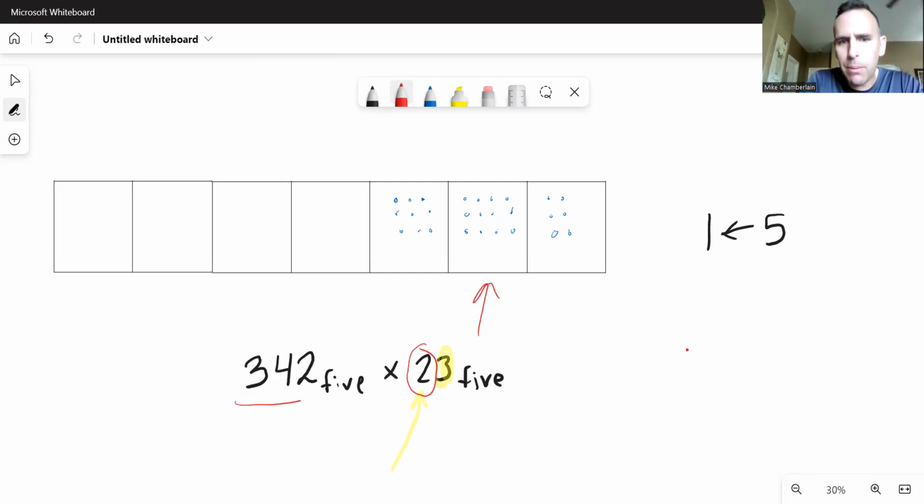And that means that I'm going to use these three boxes instead of the first three boxes because it's shifted over a place value. It'll look something like this. So I'll have 3, 4, 2, and then since I'm doing two sets of those, I'm going to do another one, 3, 4, and 2.